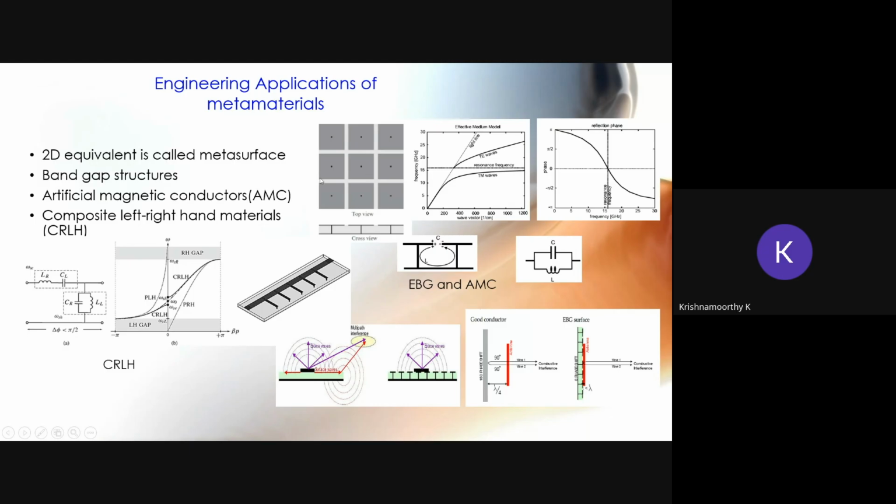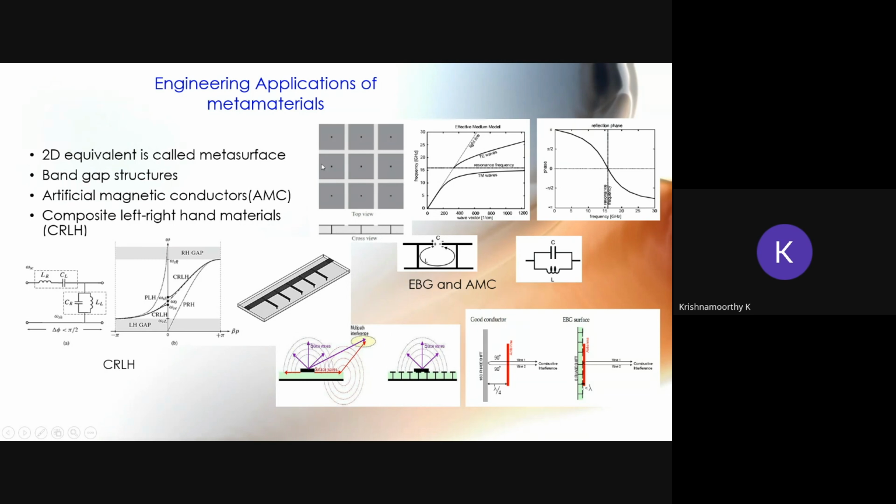Whenever the electromagnetic wave is incident upon the frequency region where the band gap is produced, the electromagnetic wave cannot propagate inside the material. Similarly, this mushroom structure we call a band gap structure, or electromagnetic band gap structure, or mushroom structure because it looks like a mushroom shape.